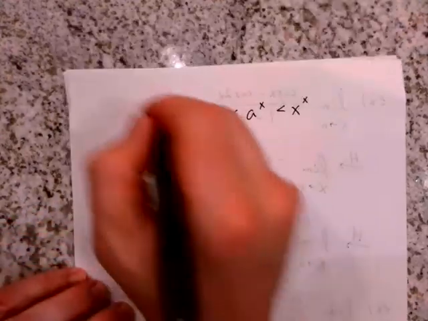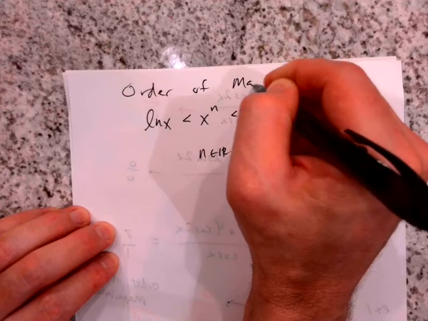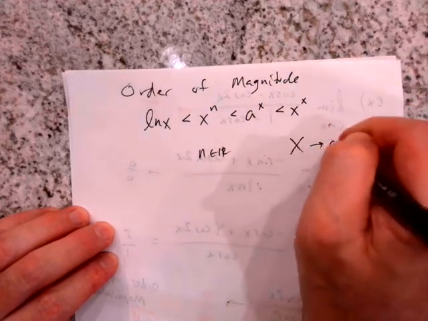So that is the order of magnitude. This is how these functions line up as x goes to infinity.